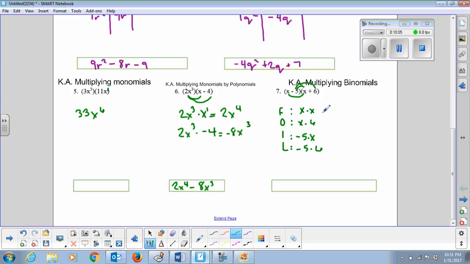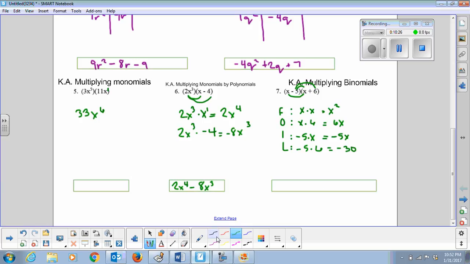Okay, so multiplying these all out, x times x is x squared. X times 6 is 6x. Negative 5 times x is negative 5x. And negative 5 times 6 is negative 30.